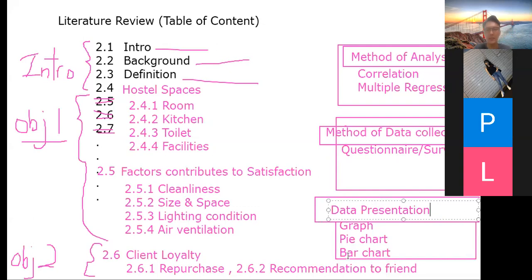What contributes to these data presentations? What are the smaller things that contribute to this pie chart, to this graph? Results, correct. So here we have results. Now you get the idea, right? Every item has its own name.